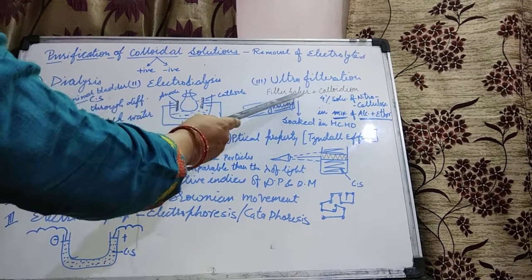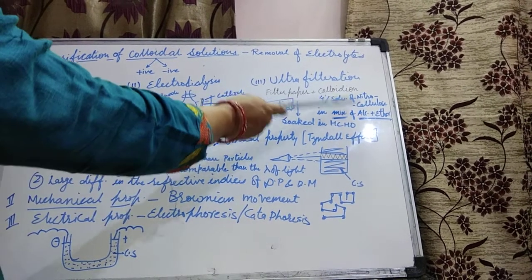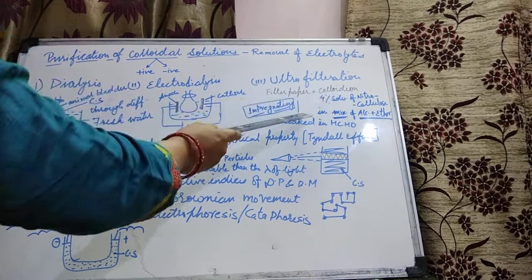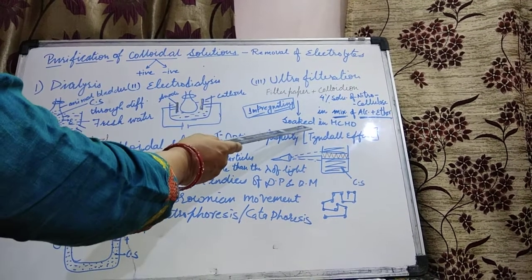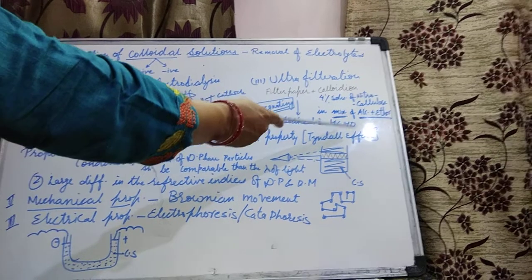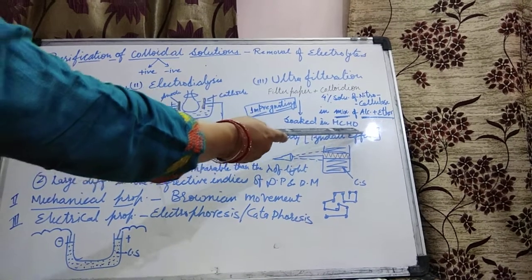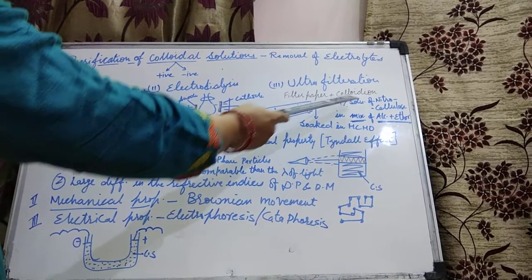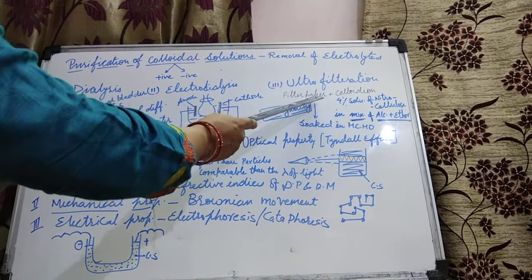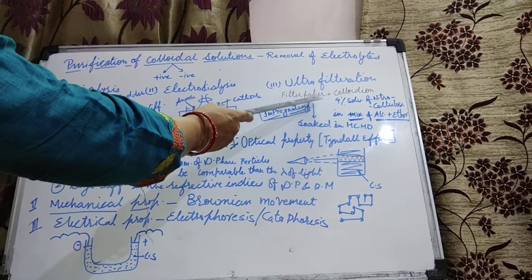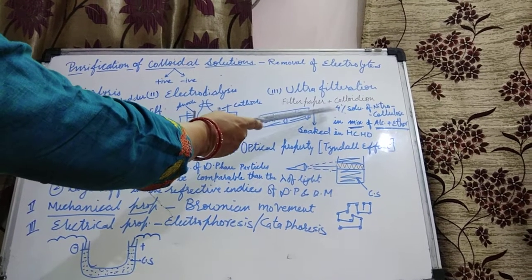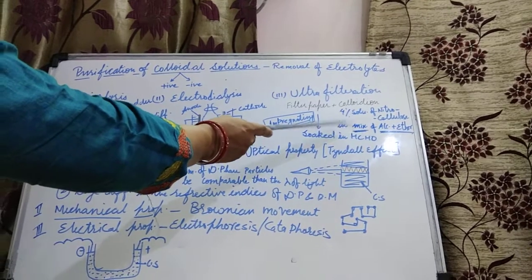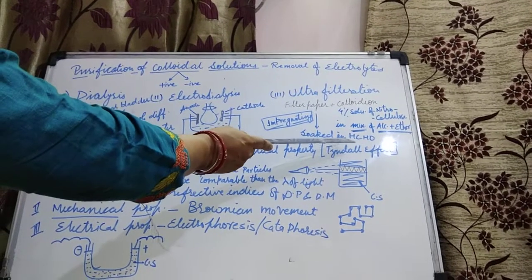Now, after dipping the filter paper into this colloidal solution, the filter paper is soaked in formaldehyde. What is the function of formaldehyde? Formaldehyde is responsible for hardening the solution in the filter paper, making it hard, and thus the pore size is reduced.